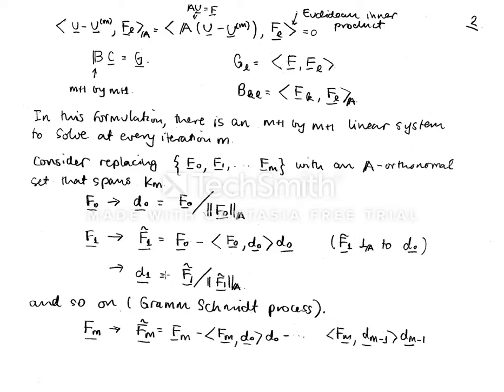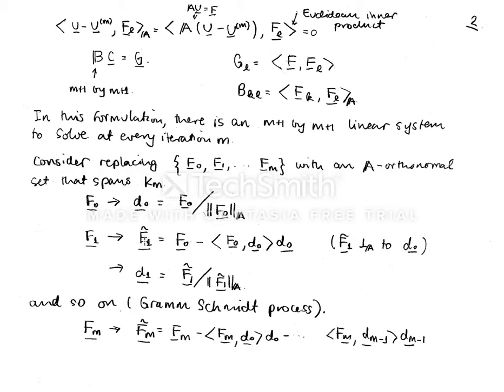Okay, and then you want to replace F1 with a vector that has some component in the direction of F1 but is orthogonal to the previous one. Oh, there's a little bit of a typo. This should be the A inner product down here. So this F1 tilde is the vector F1, but subtracting off the projection onto the previous direction.